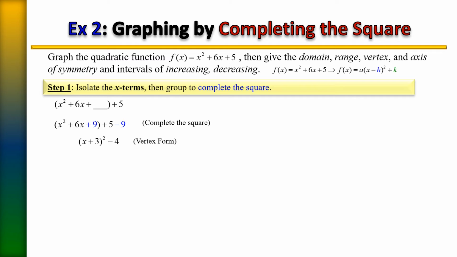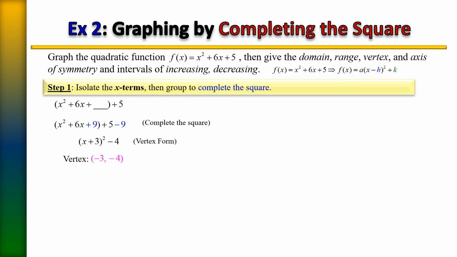We could also just use transformation at this point to know that this is nothing more than the parent function, the quadratic function, that has been shifted to the left 3 units and then shifted down 4 units. So once we get that graph there, it will look in that manner, shifted again 3 units to the left and then 4 units down.